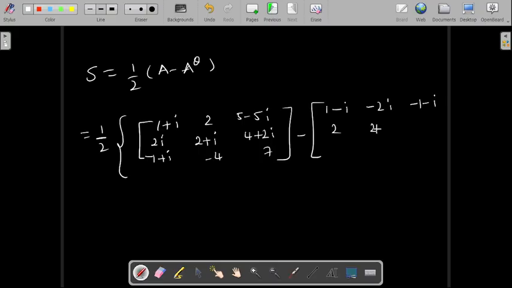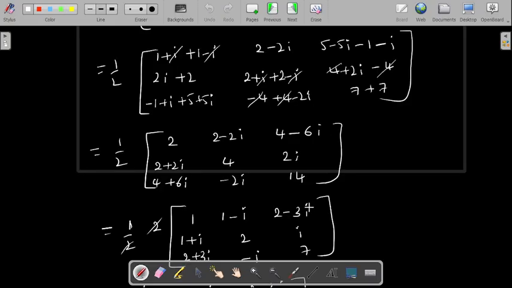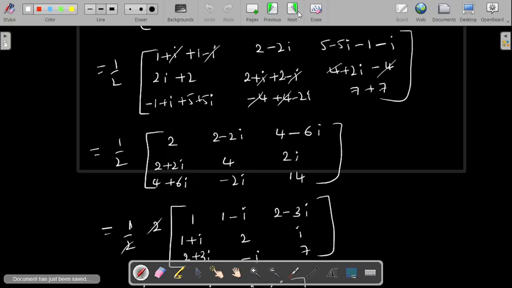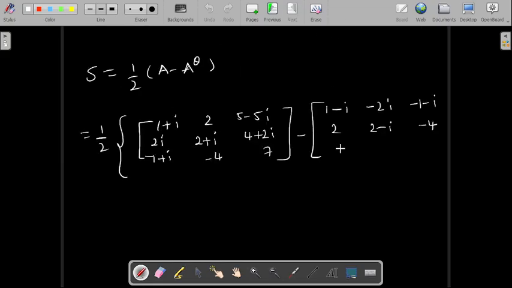Next to 5 plus I, 4 minus 2I, 7, 5 plus 5I, 4 minus 2I, 7.